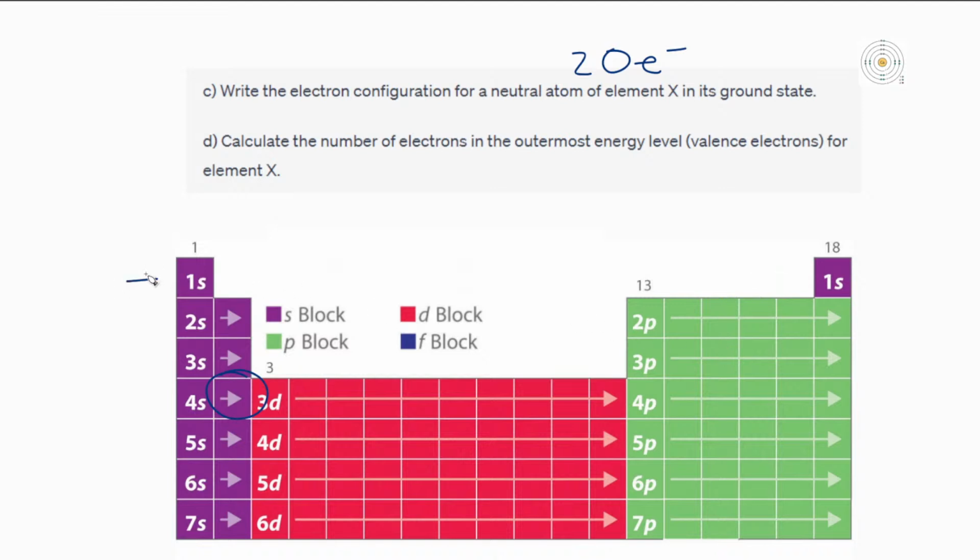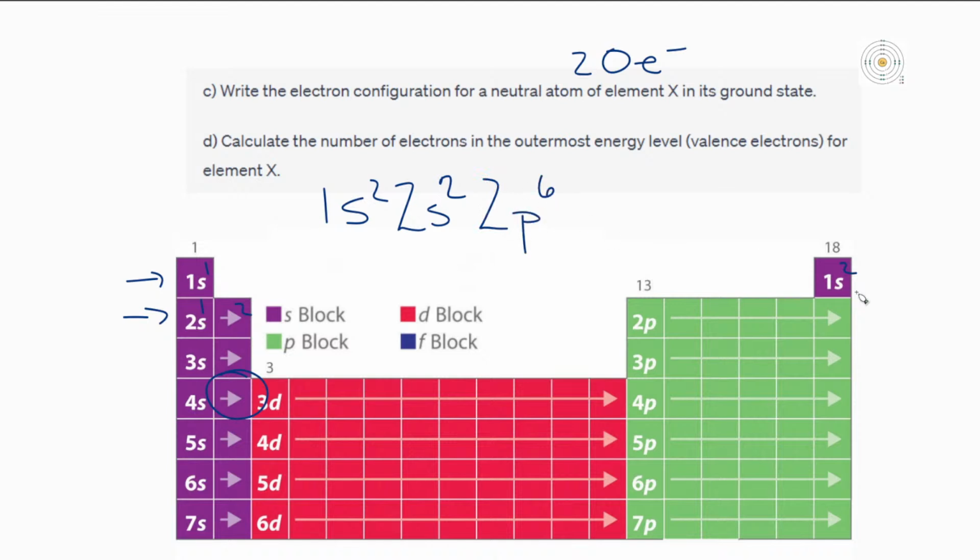So start here with your 1s, 1s1, 1s2, down to the second energy level. Hey, Nick, thank you. So at 2s1, 2s2, we've used just 4 of the 20. Go over here to 2p, 1, 2, 3, 4, 5, 6.